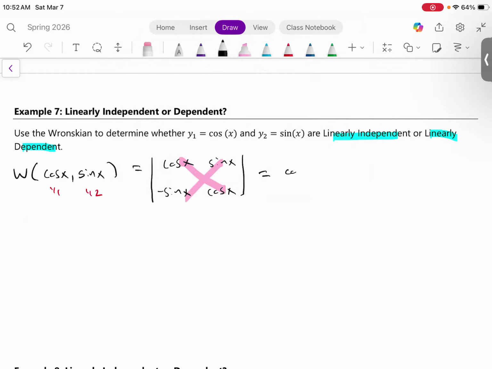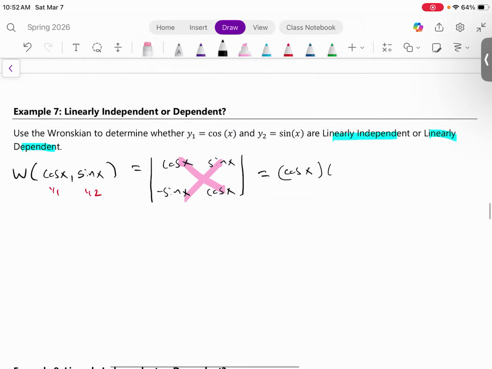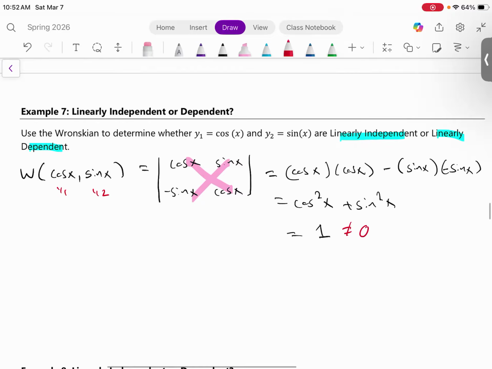And so we get cosine x times cosine x minus sine x times negative sine x. So this is cosine squared x plus sine squared x. But cosine squared and sine squared, well, that's a nice identity that we previously saw. That's 1. And 1 does not equal 0.